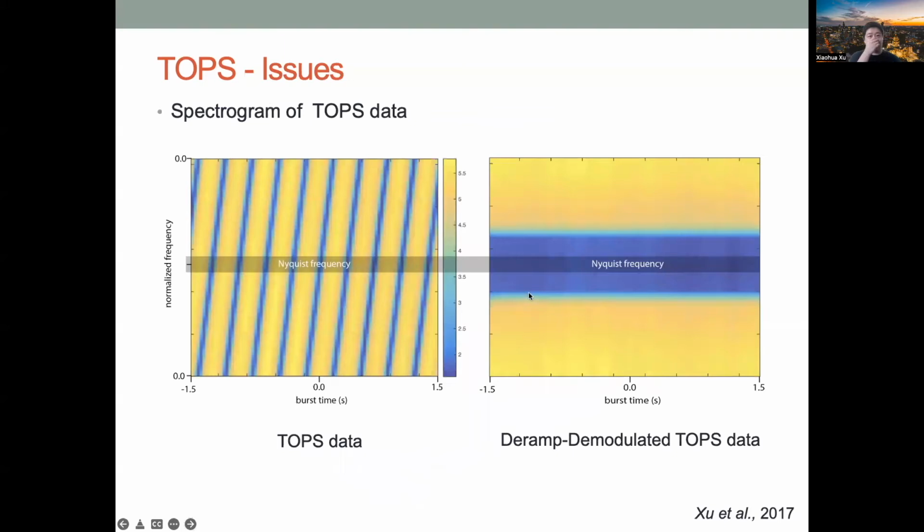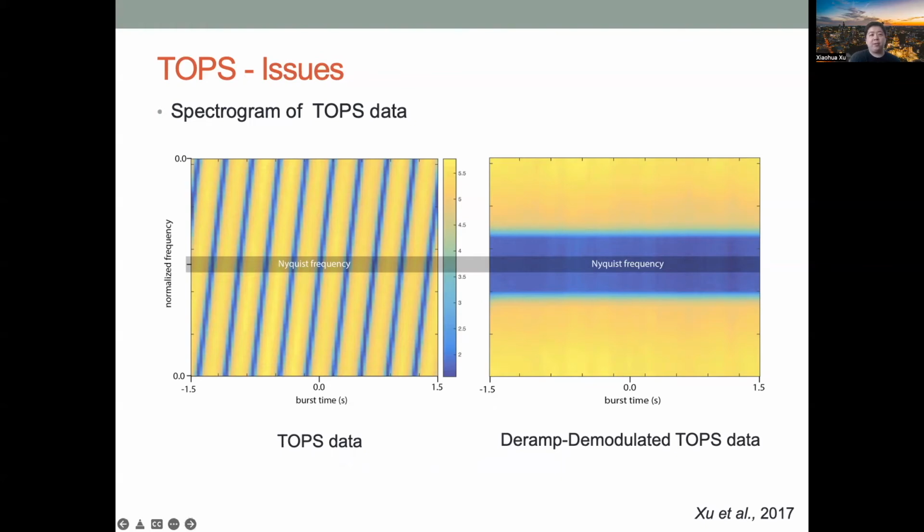And the major challenge is that it introduces an extra Doppler along the track direction that is beyond the Nyquist, or in other words, the pulse repetition frequency here. Remember that it was discussed earlier that the PRF has to be larger than the Doppler in order to capture the full spectrum of it, so that you can do all kinds of resampling of the data, all those kinds of manipulations.